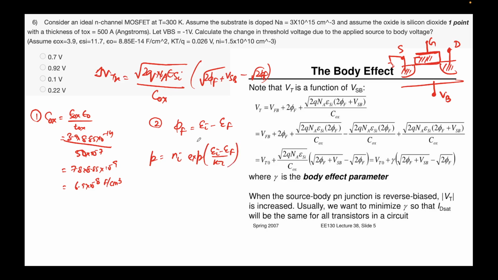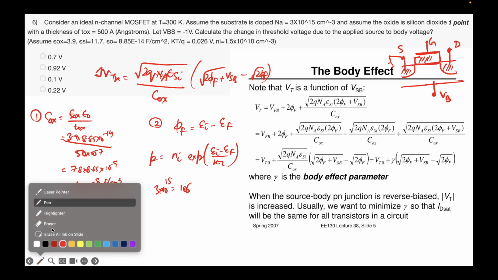This expression we had seen in the last session, as well as when we're talking about the intrinsic carrier concentration and we introduce the doping. So P we know, assuming 100% ionization, P will be nothing but your 3 into 10 to the power 15. Ni has been given in the problem itself.